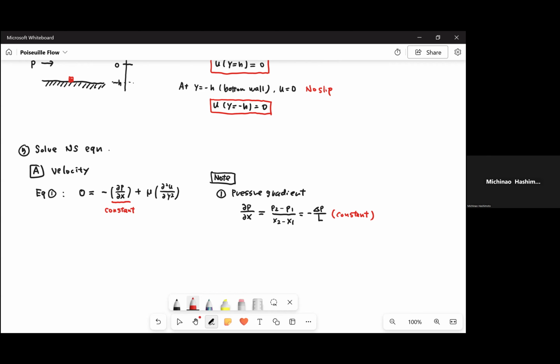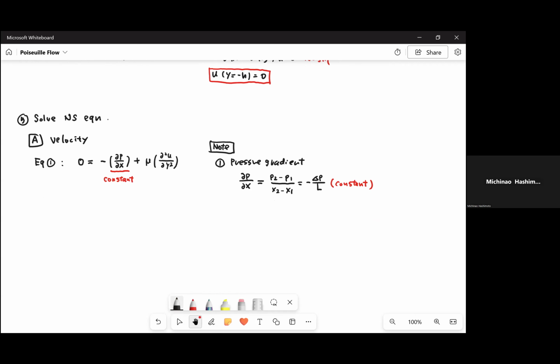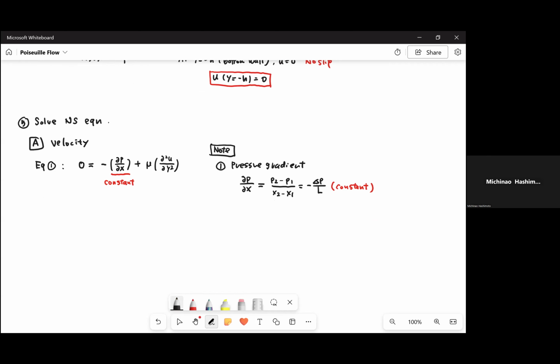In fact, this is a lot easier. We just keep this particular expression of dp dx. It looks like a function, like a derivative, but we can just treat it as a constant. That's the first part.